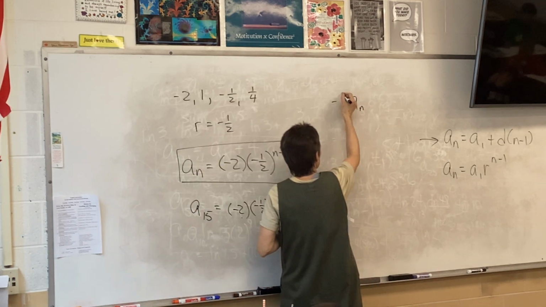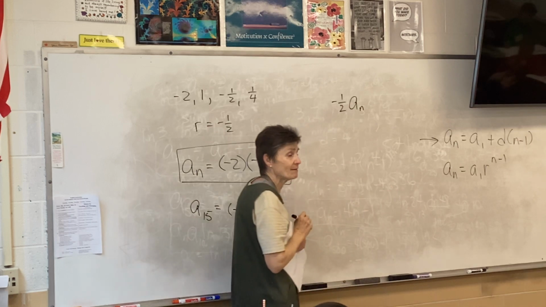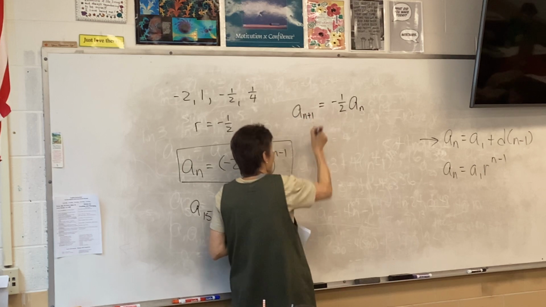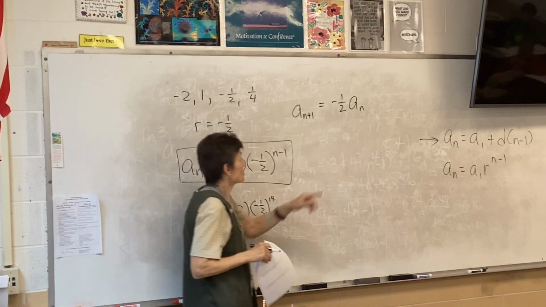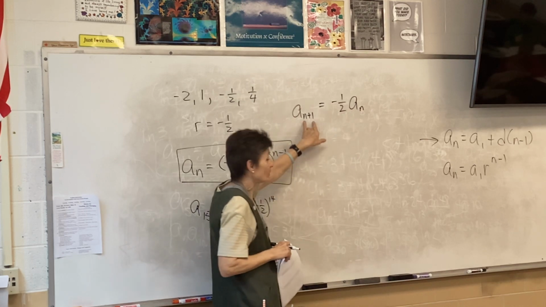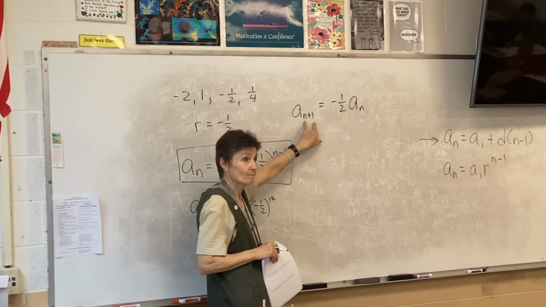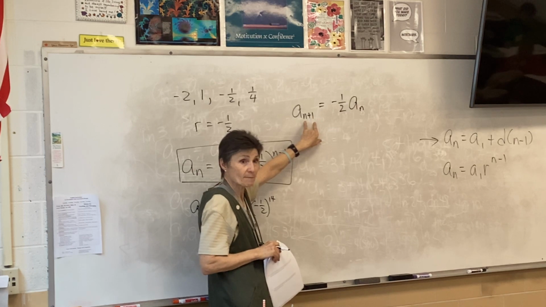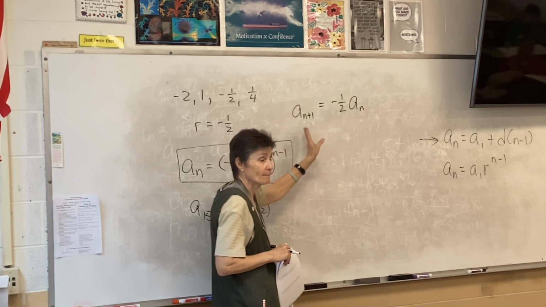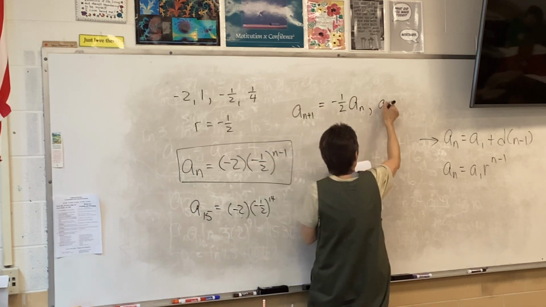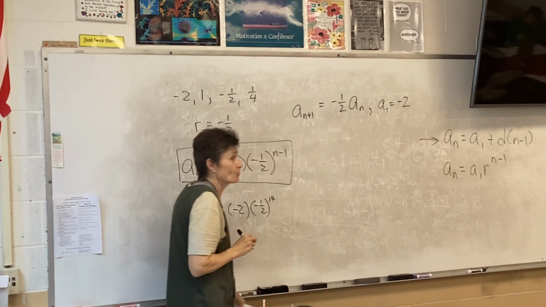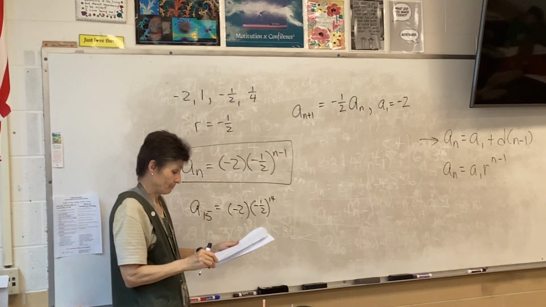So if I take that term and multiply it by -1/2, I'm going to end up with the next term. So the 4th term times -1/2 will give me the 5th term. Don't let the subscripts bother you. If that's 4, that's 5. These are just consecutive terms. And don't forget, in the recursive formula, we need a starting point. So our first term is -2.